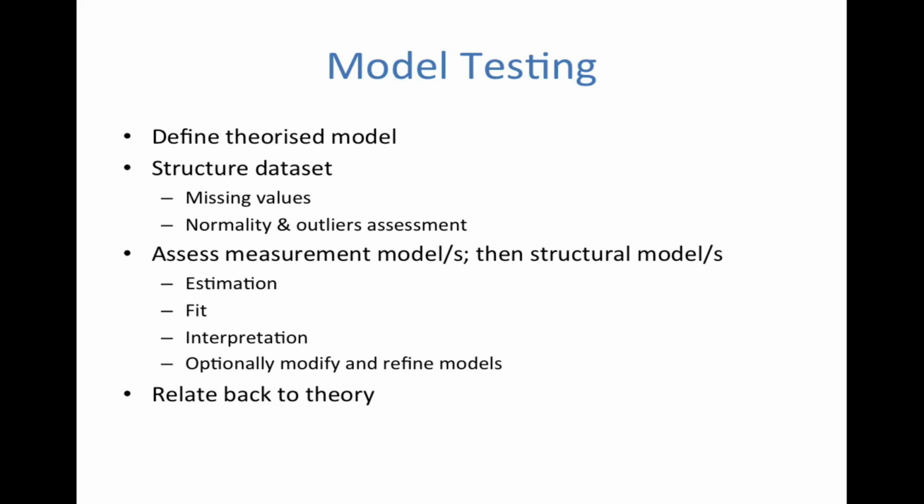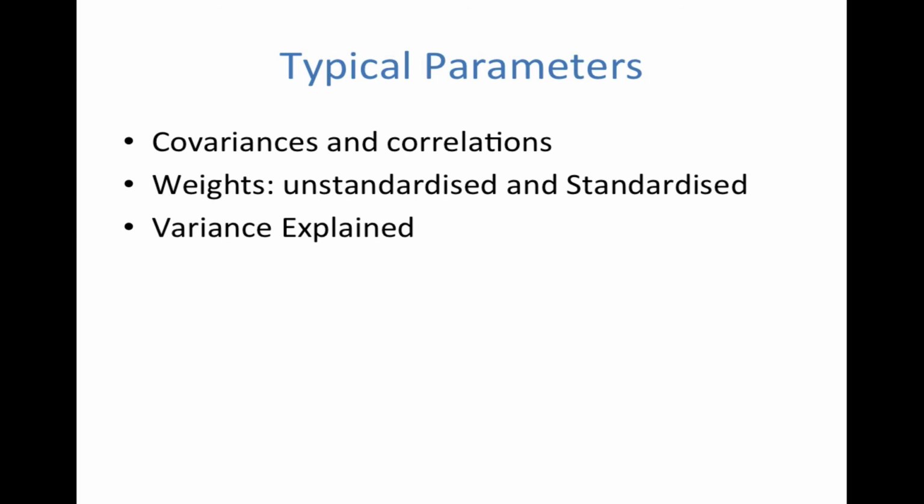You've got to estimate the model, so estimate the parameters and the fit of the model, and interpret what the coefficients mean, as well as whether the fit is good relative to other models and relative to criteria that are out there. You may then modify the model, add some terms, add some covariances, remove variables, and iterate to get to a better model.